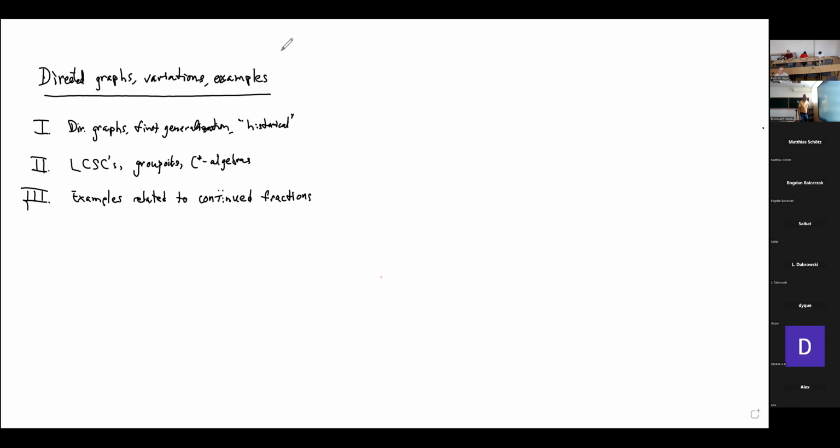Okay, so what I want to begin with, I think everyone does this, is my particular origin myth for a graph algebra.